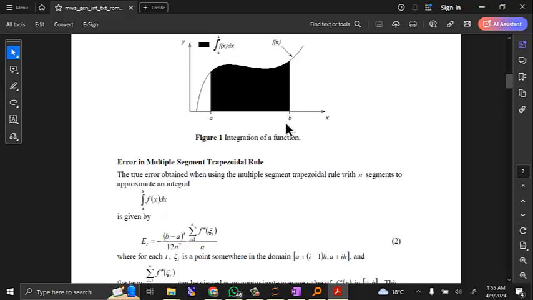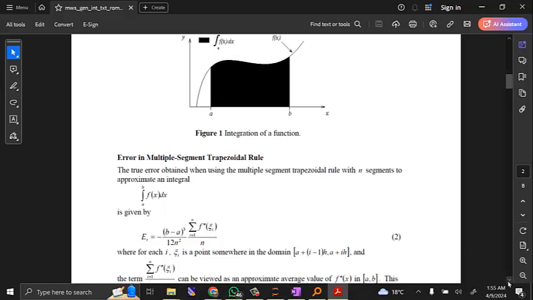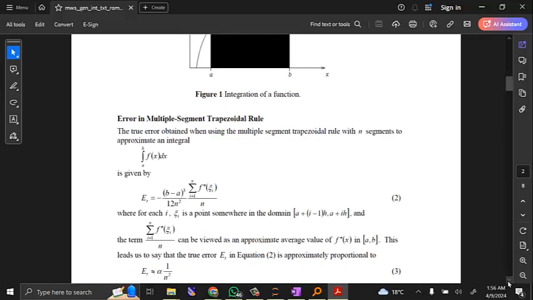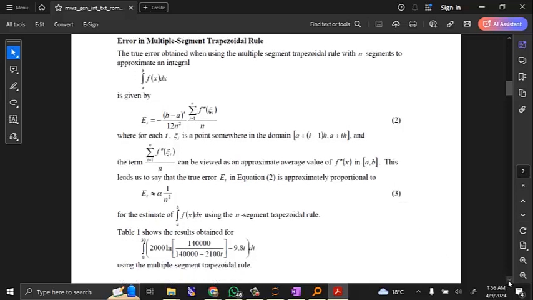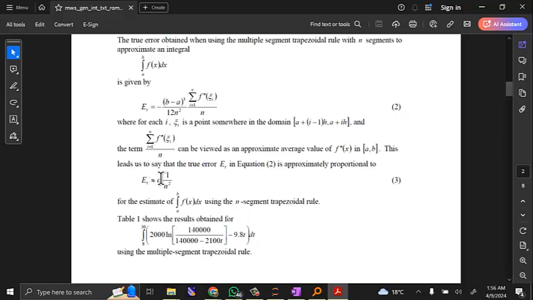I mean, h is going to be proportional to 1 over n. So he goes through this and uses our old friend Taylor series. So this error estimate is familiar, it comes from Taylor series. I believe that this error was derived in the trapezoid rule section. So the error is proportional to 1 over n squared.